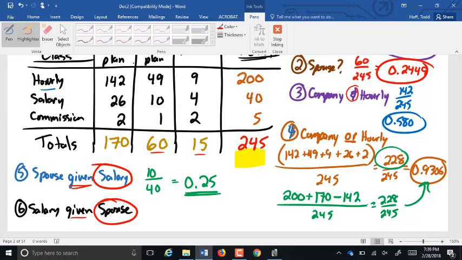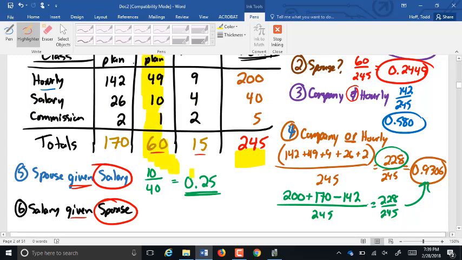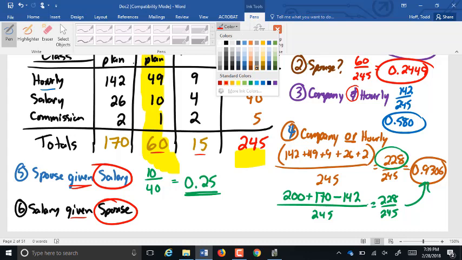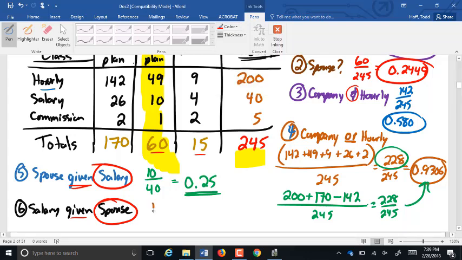We're only looking at the ones on the spouse's plan, which are 60. Out of those 60, which ones are we concerned with? The 10 that are salary. So we're looking at those 10 that are salary and spouse's plan out of the 60 that are on the spouse's plan, which is a 0.1667 probability.